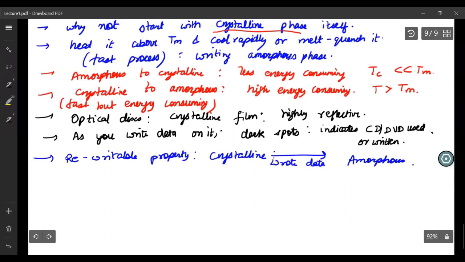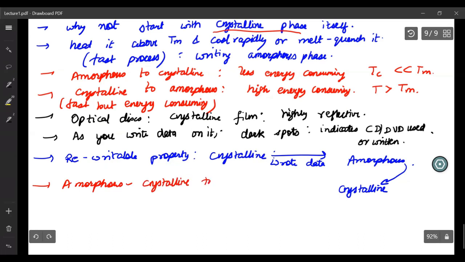And now if you need to rewrite it, what it means is you will convert it to crystalline and then write whatever data you want to write. So here the best part is that even this amorphous to crystalline conversion is very fast. Why? Because, so let me write it here. If you start with a crystalline phase, even amorphous to crystalline transformation is very fast.